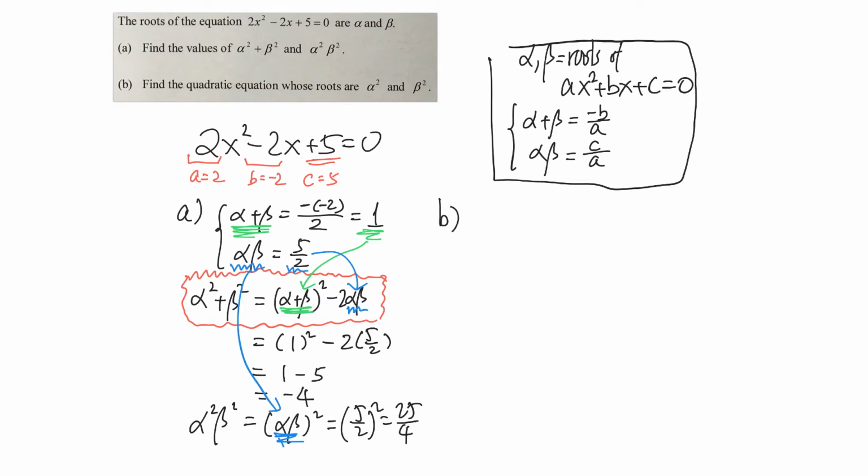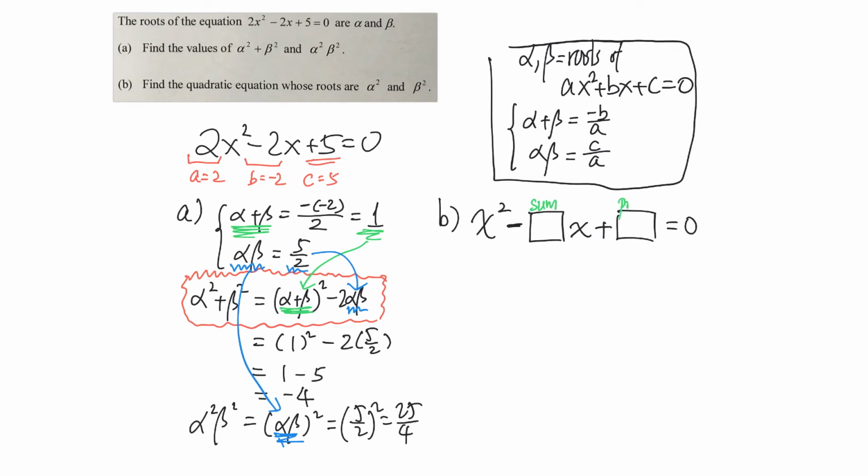For part B, if we are going to form the quadratic equation, just remember this format: x squared minus something x plus something equals 0. The something x here is the sum in the middle part.